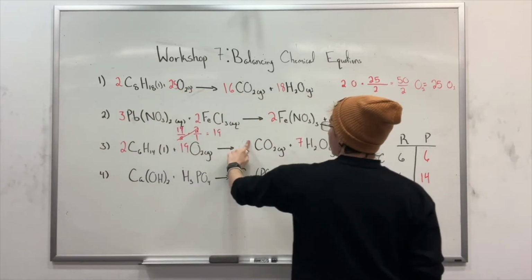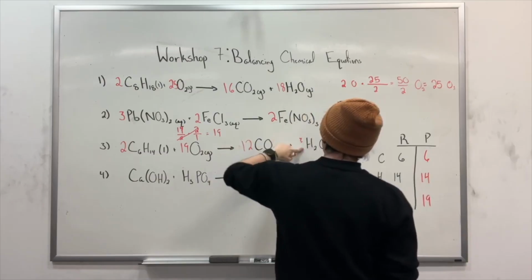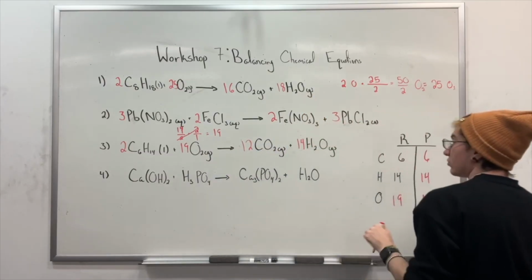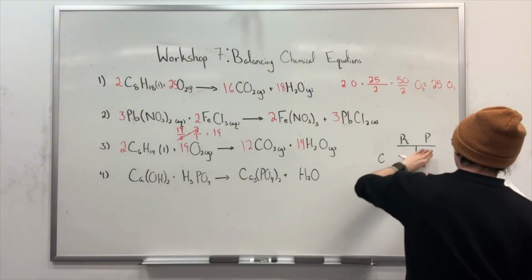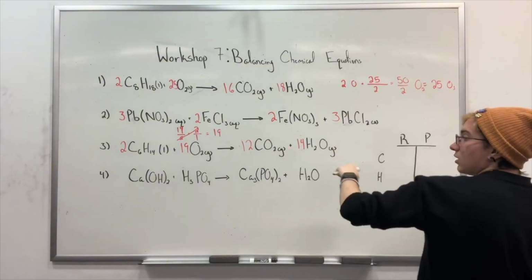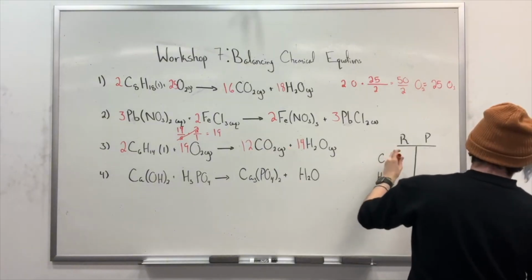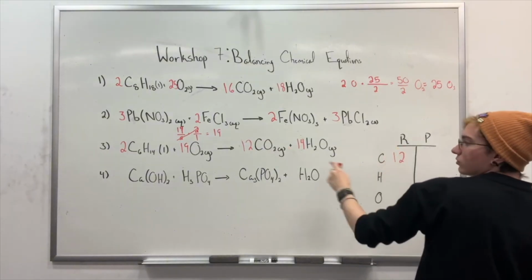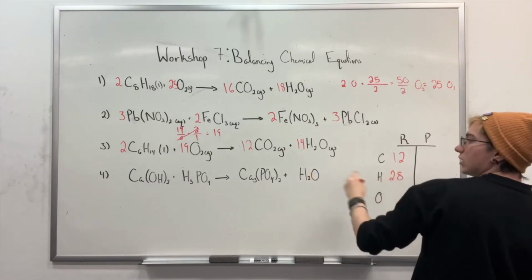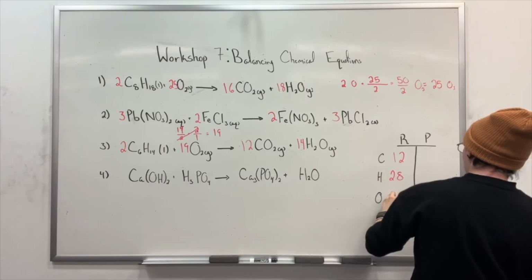6 will become 12, and 7 will become 14. And to check that everything's still balanced, we have 12 carbon, we have 28 hydrogen, and we have 38 oxygen.